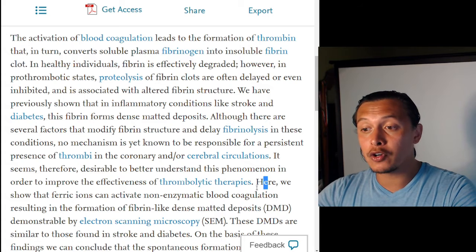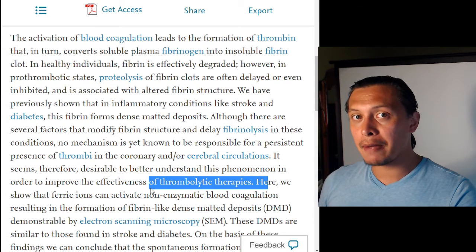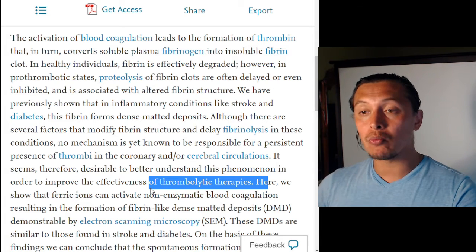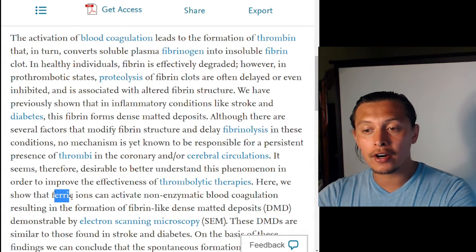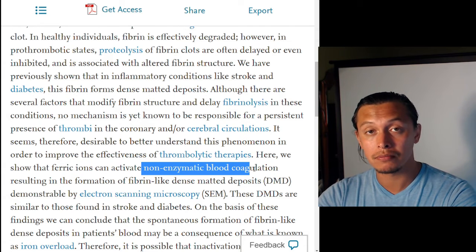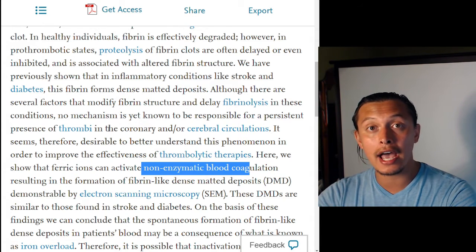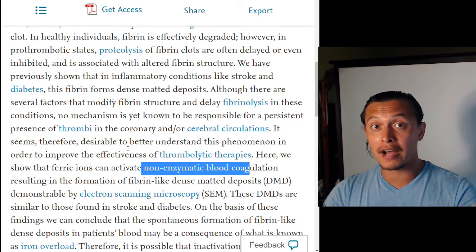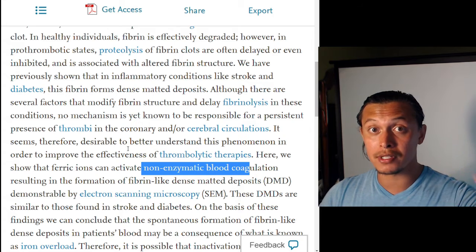So if you are creating a different type of blood clot, then your normal strategies might not necessarily work. Here we show that ferric ions can activate non-enzymatic blood coagulation, so without thrombin at all. Thrombin, remember, turns fibrinogen into fibrin, and the fibrin will precipitate and form this polymer.